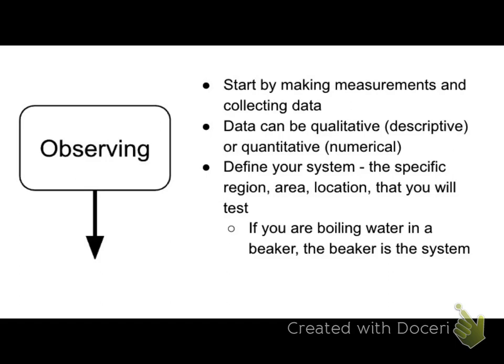Okay, if you were going to test something like which food is most popular in the cafeteria, then your system would be the cafeteria and the lunch, like the kitchen and all of that area, because that's where you would be gathering your data from. So it's very important to define your system so that you are only gathering data that's relevant to your experiment.